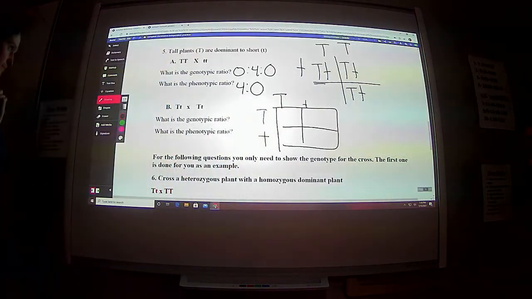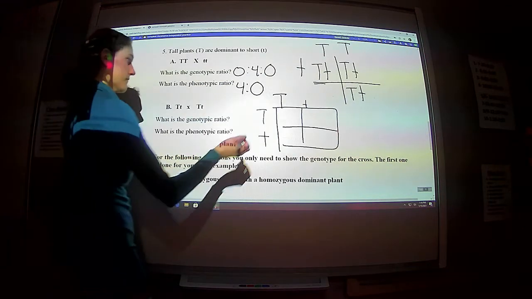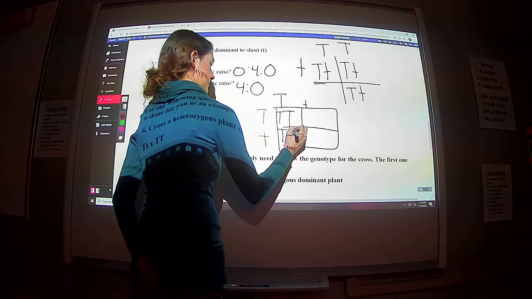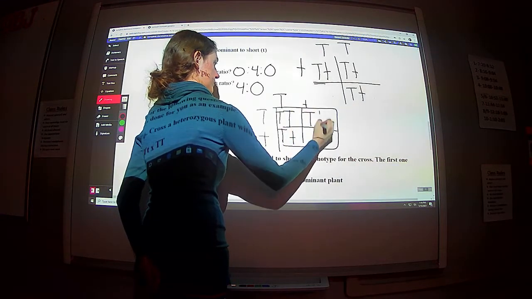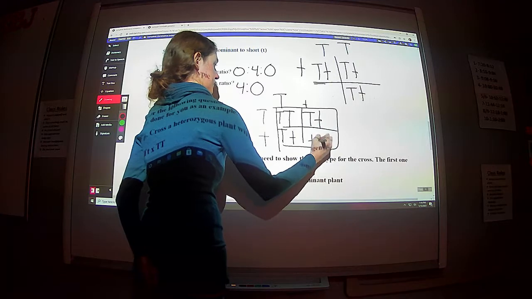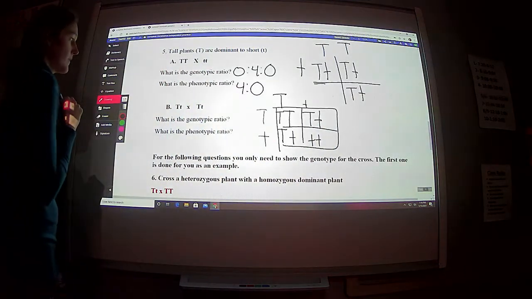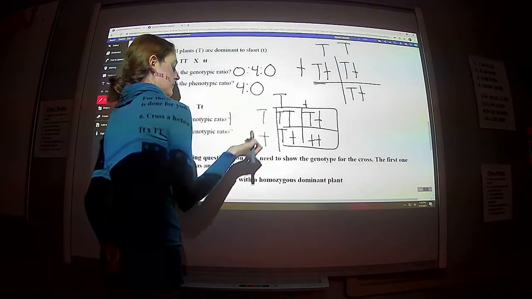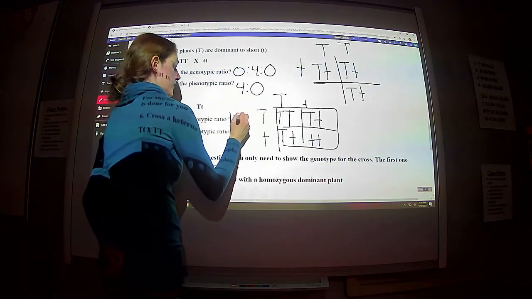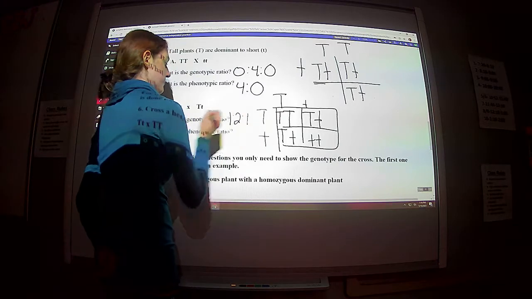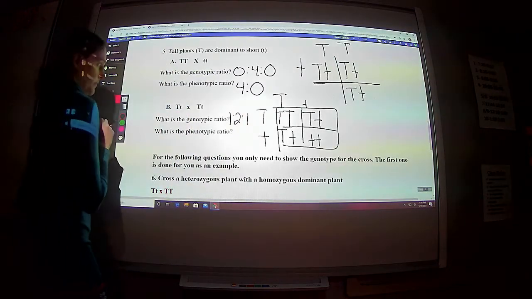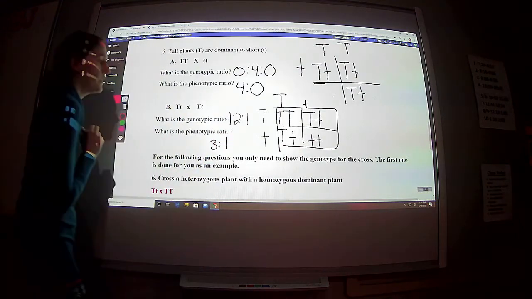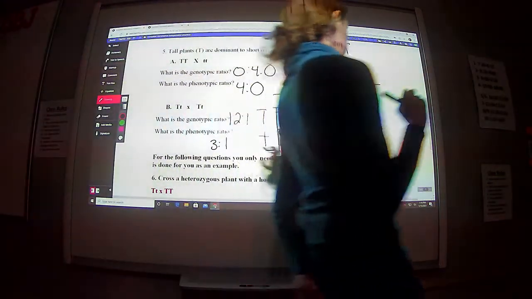Okay. Genotypic ratio, we start with the dominant. I have 1. For heterozygous, I have 2. Recessive, I have 1. Phenotypic ratio. I have 3 who are going to have the dominant trait, 1 who will have the recessive trait.